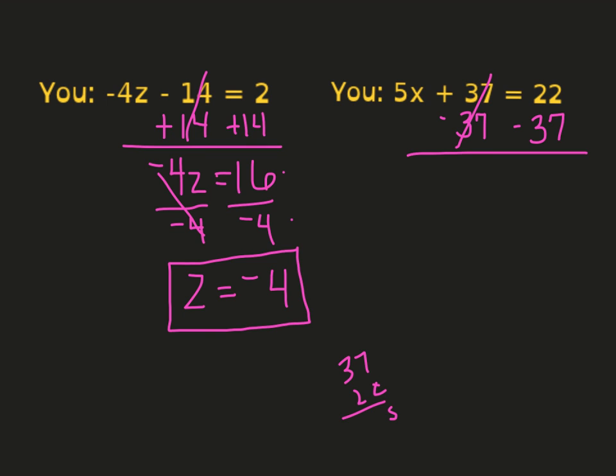Maybe you can do it in your head. That's fine. I'm not taking any chances. 5x equals, now I get 15, but remember, these are unlike signs, so I subtract and take the sign of the higher number. So I have more negatives than I do positives, so it's negative 15. Divide both sides by 5. That cancels out. X equals a negative divided by a positive, which is a negative. Negative 3.